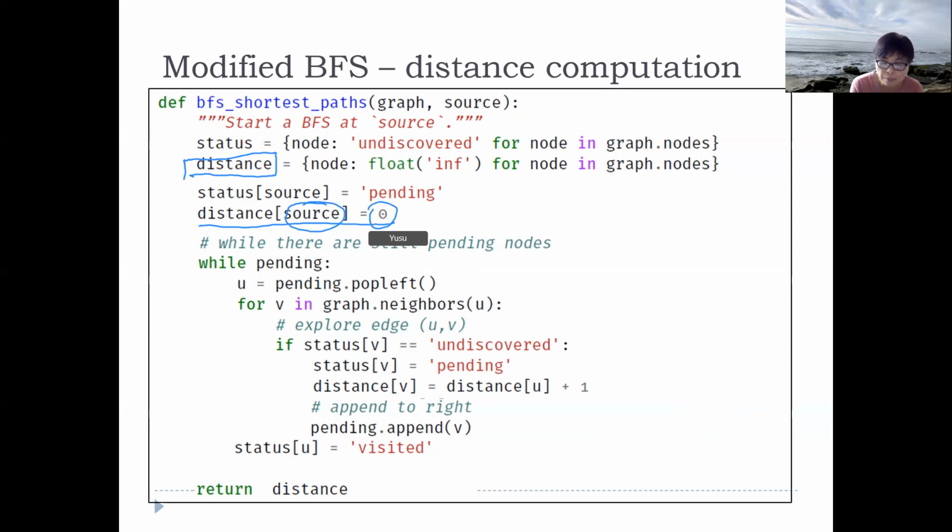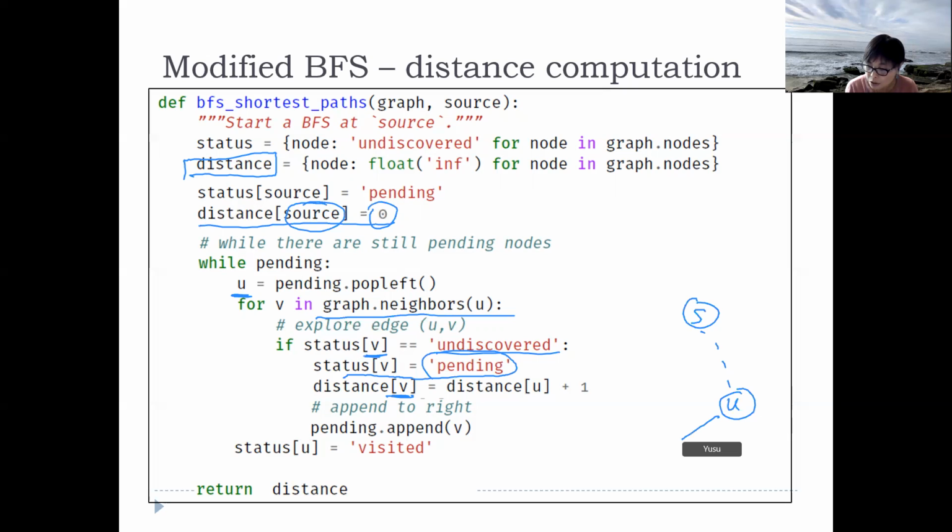Then we take the oldest pending node, and we start to explore its neighbors, okay? Now, if the neighbor V is undiscovered, that means that we found a new way to reach V, okay? So we change the status of V to pending because we discovered it, but we haven't explored it yet, okay? And what is the distance to V? Well, the distance to V is basically the distance to U plus 1 through the edge UV, right?